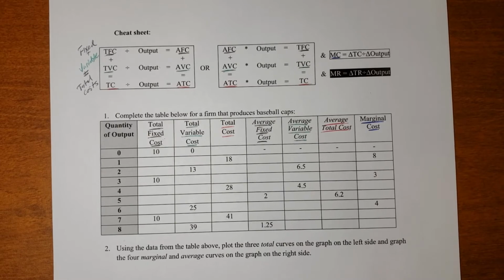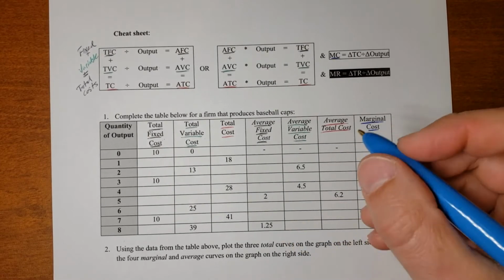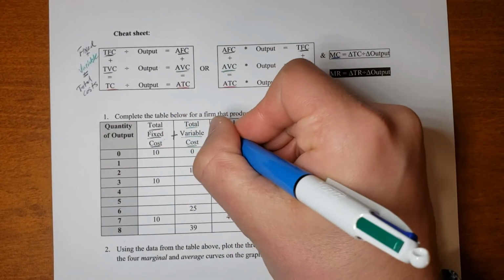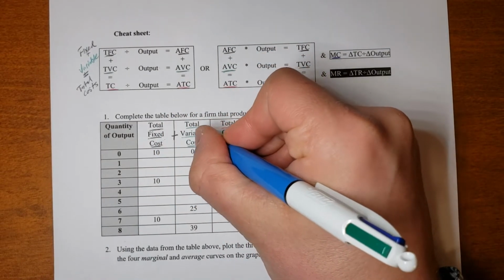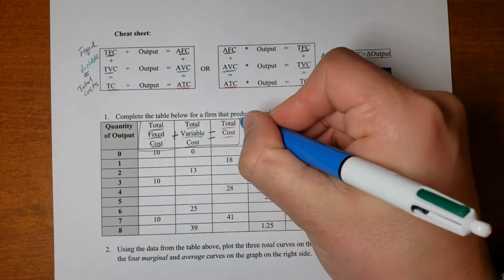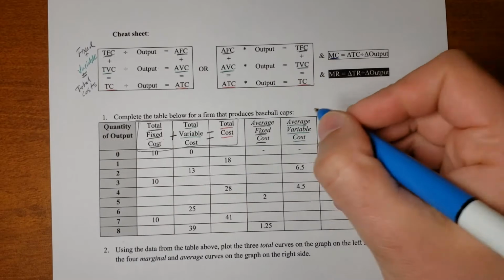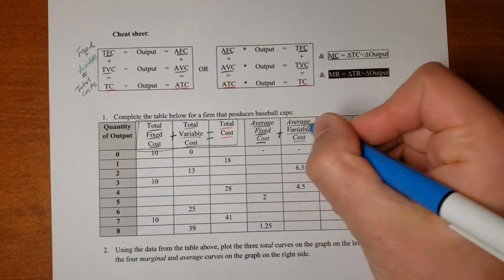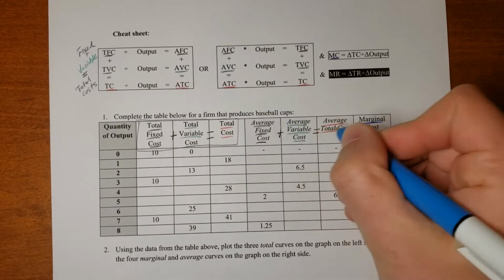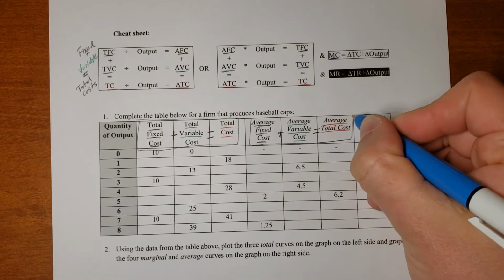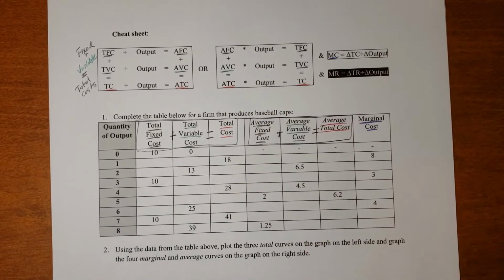Now I want to start off by highlighting that there's a relationship here. Total fixed plus the total variable equals your total cost. So there's a relationship here to begin with. Then you also have a relationship here. Average fixed cost plus your average variable cost equals your average total cost. So there's another relationship here. But you also have relationships across.